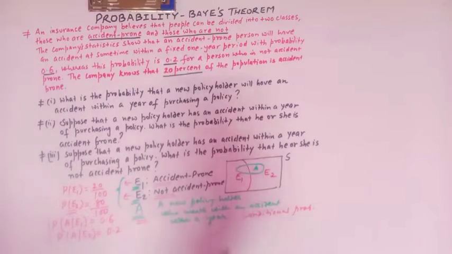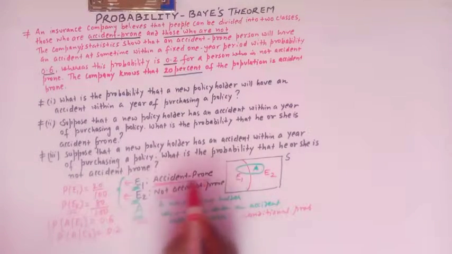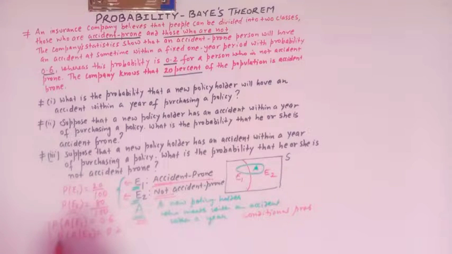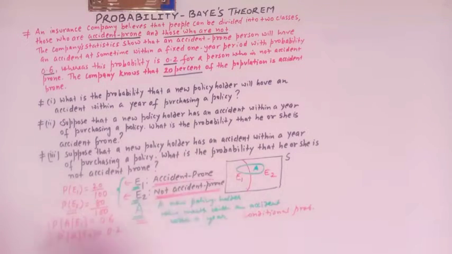So these two quantities are given, where P(A|E1) represents the conditional probability of a policy holder meeting with an accident, provided that he or she has come from the accident prone class, and P(A|E2) represents the probability of a new policy holder meeting with an accident, provided that he or she comes from the class that is not accident prone.